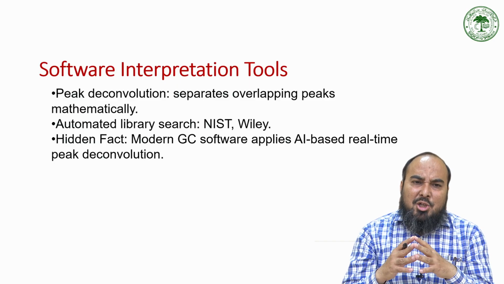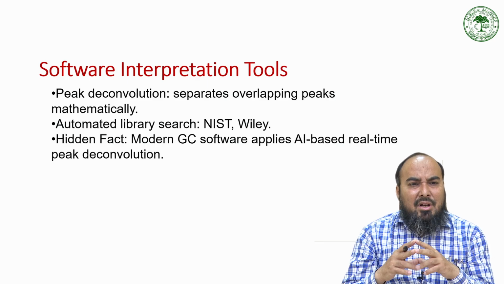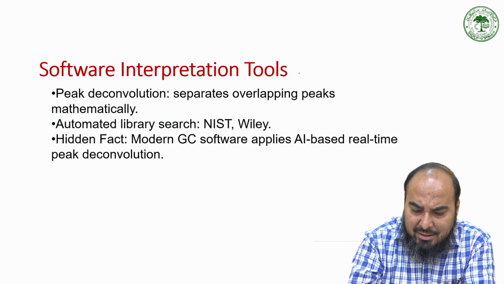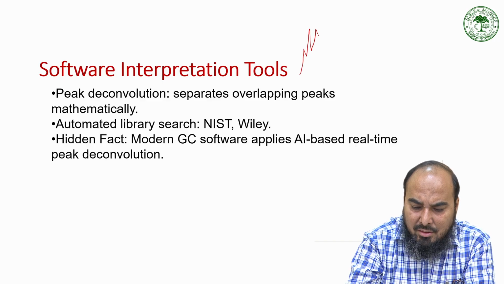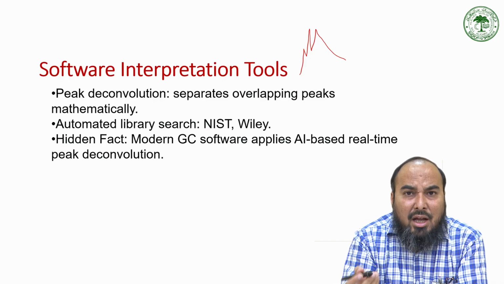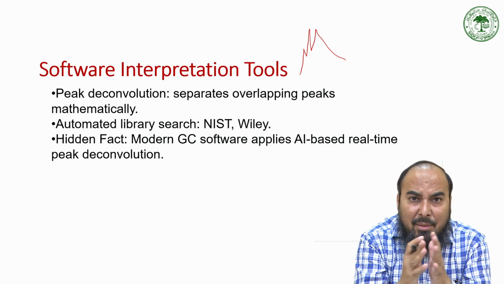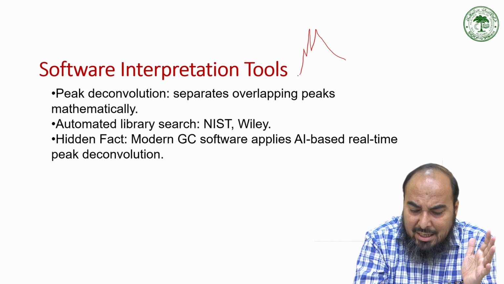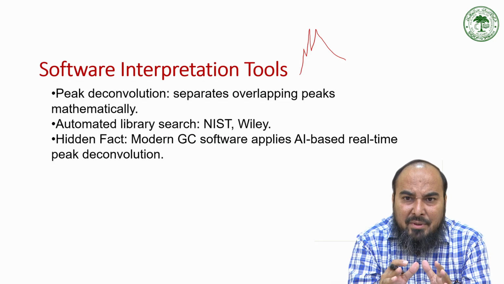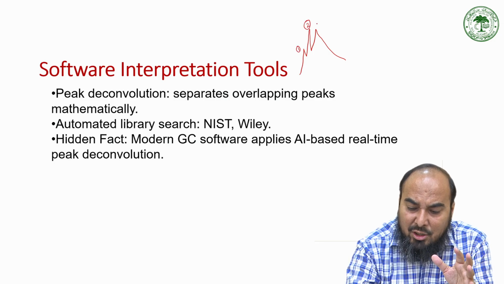Similarly, software interpretation. Nowadays, software has also become very important. For example, if you have peak deconvolution, that is, the peaks are coming like this, you have to deconvolute it. That is, you have to separate these peaks. You can see that the baseline is missing. Although these are overlapping peaks, you can see that these are component 1, component 2, and component 3.